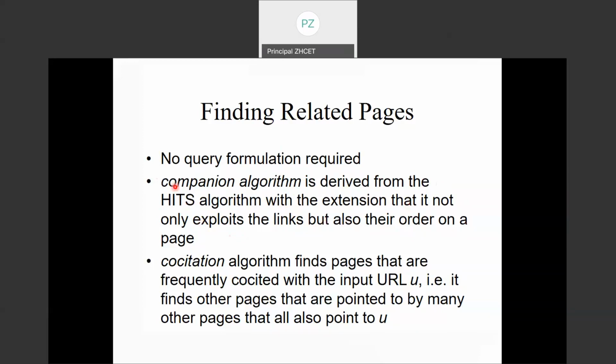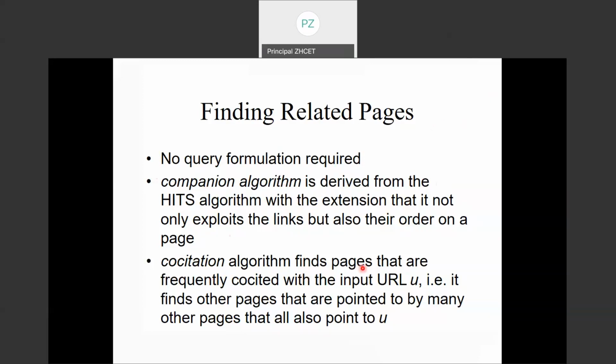So for a given page, we will see what all pages it points to and what all pages are pointing to it. And in that, we also take into account the order of the links on the pages cited or the pages citing it. That is the companion algorithm.